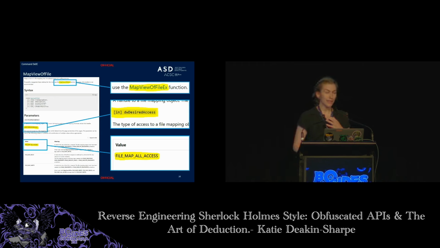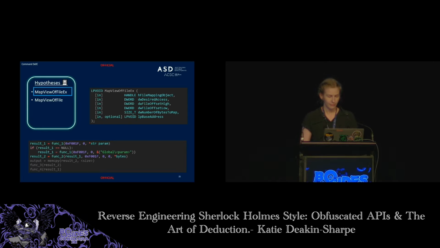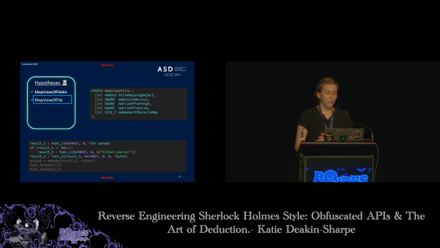At the top, I can also see MapViewOfFileEx being suggested as a possible alternative function. So let's look at both of those. MapViewOfFileEx has too many parameters to be anything that we're looking at, so we can cross that off the list. MapViewOfFile has 5 parameters, and we can see its second parameter is this desired access F001F constant, which means that we're looking at MapViewOfFile as matching up with function 2.